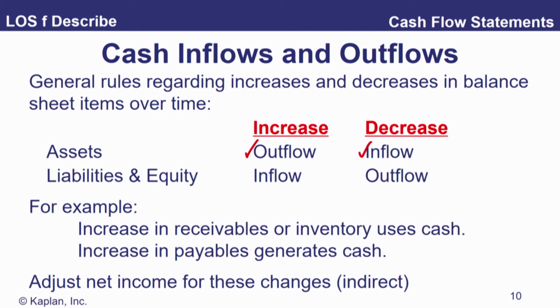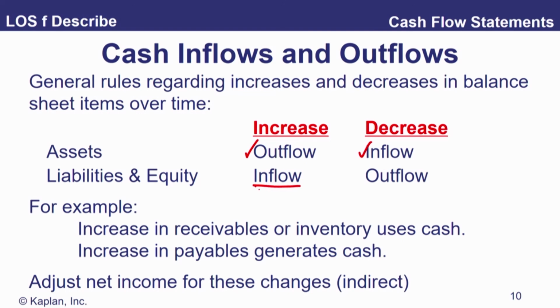So as a result, when we're looking at cash flow data, when we're adjusting the income statement item, we're going to deduct increases in assets, but we're going to add decreases in assets. Now, when we look at liabilities and equity, it's the other way around, essentially. If a liability is increased, it is an inflow for the company.